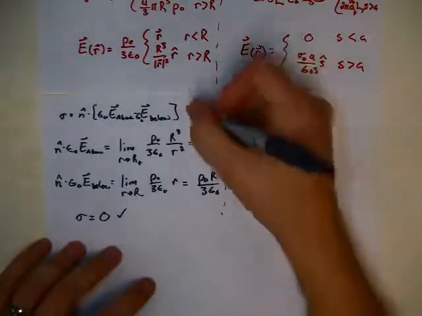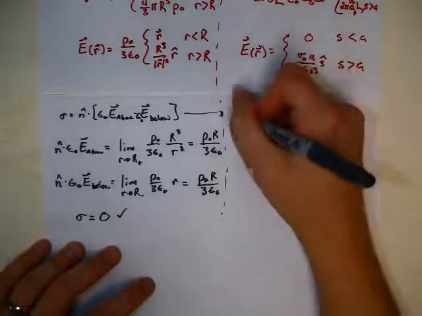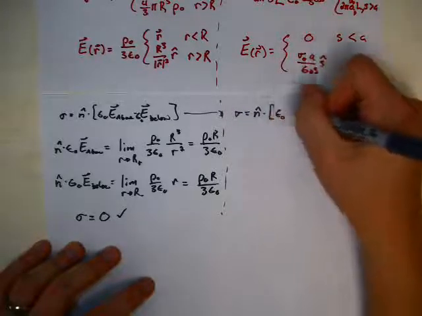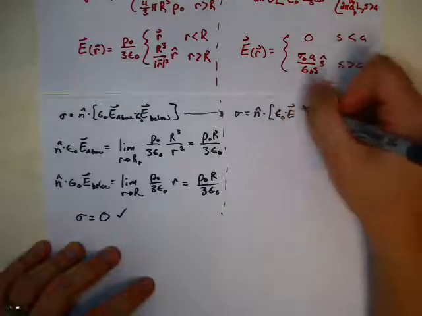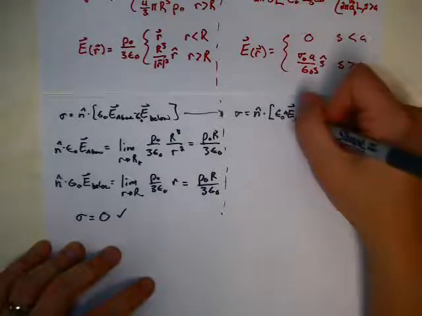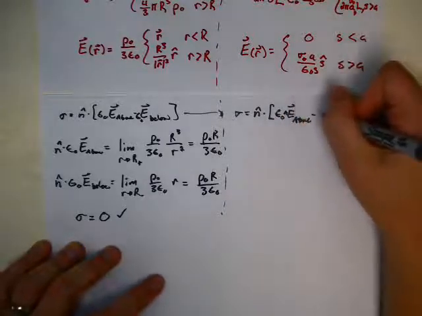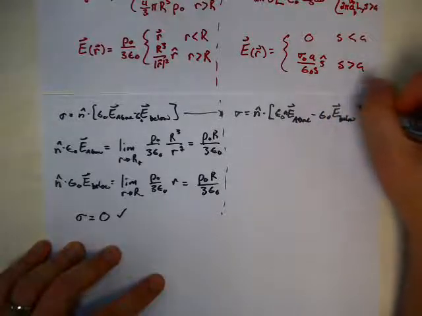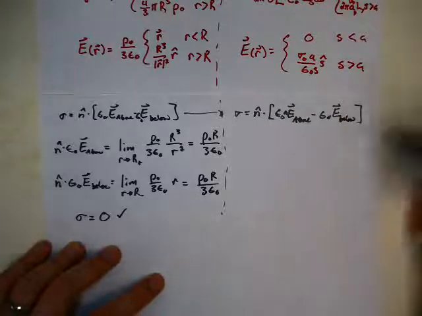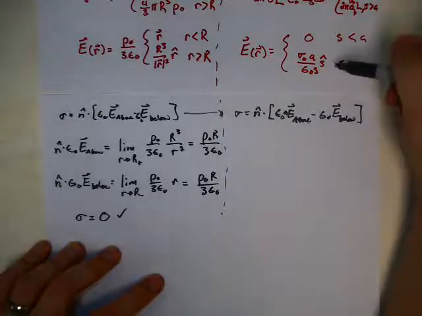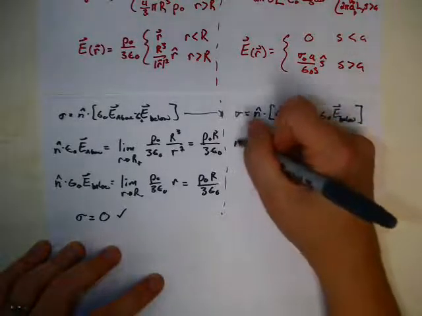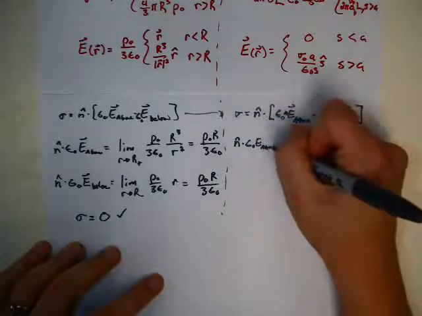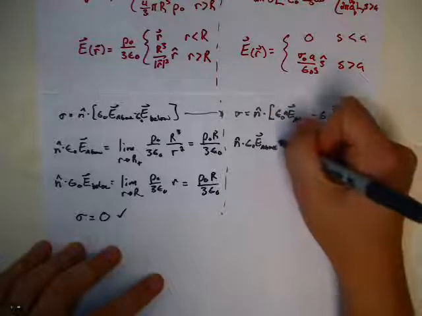And then we're going to use the same equation again, that sigma should be equal to n hat dot epsilon naught E above minus epsilon naught E below. And we're going to use this form of E, and so n hat dot epsilon naught E above, we're going to say above is outside the cylinder.